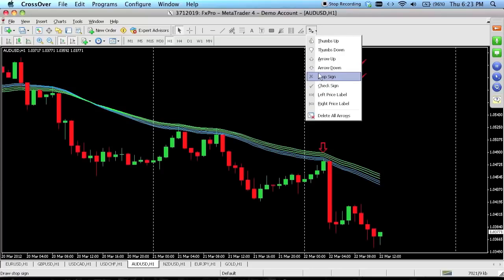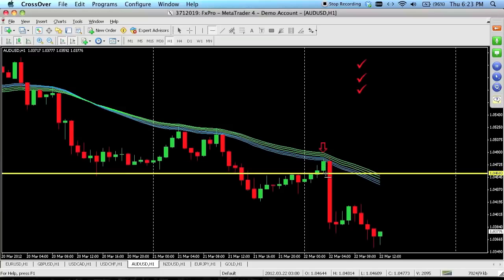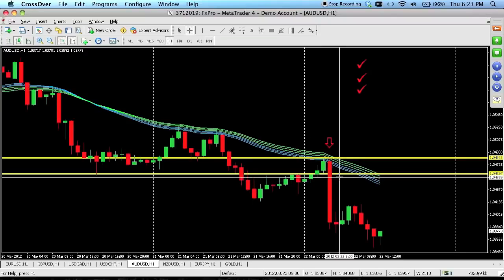Okay. Did we close outside of the MA onto this side? No. Check. All criteria match. We place our entry right here. The next candle opens. We place our stop right there. Now, how many pips away is our stop?